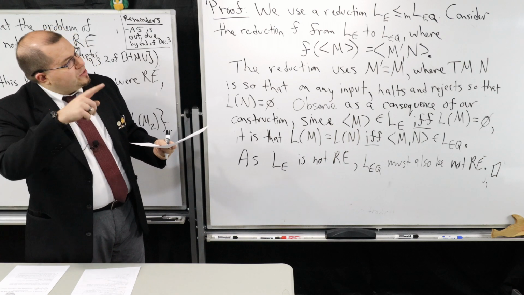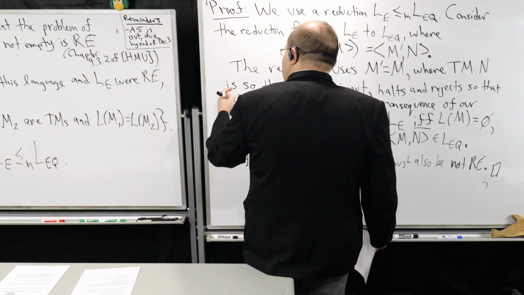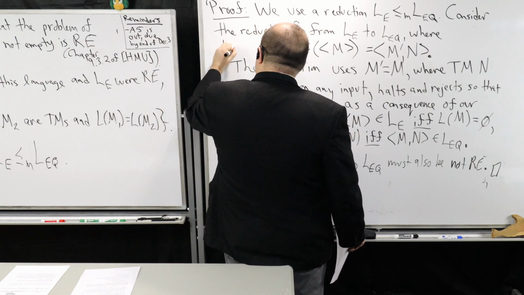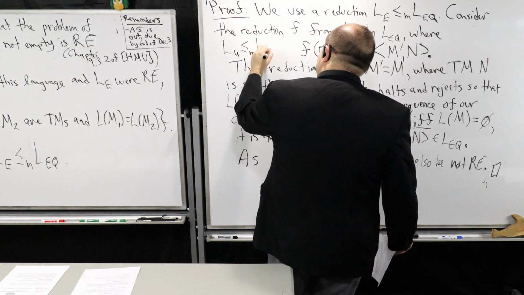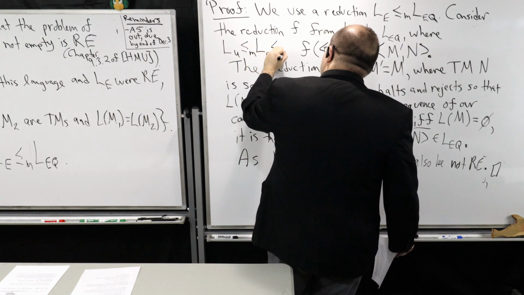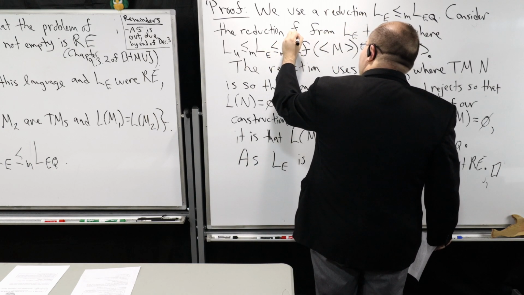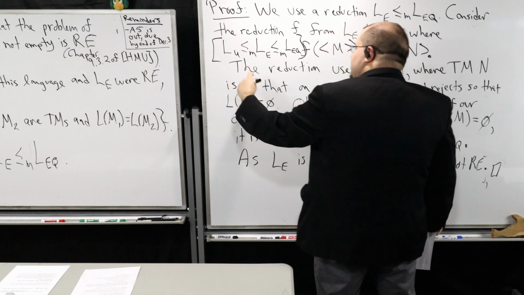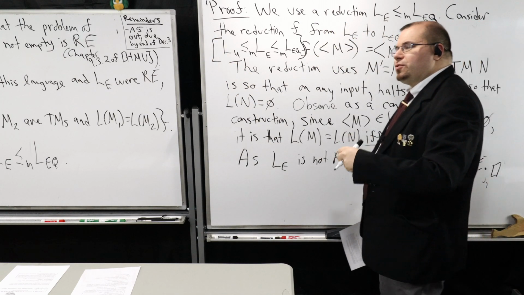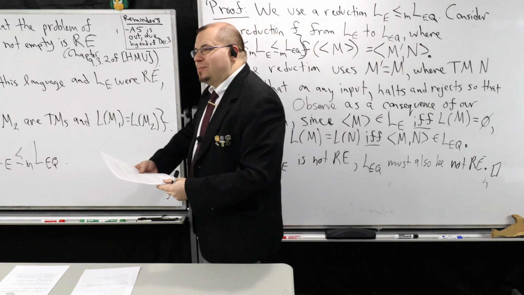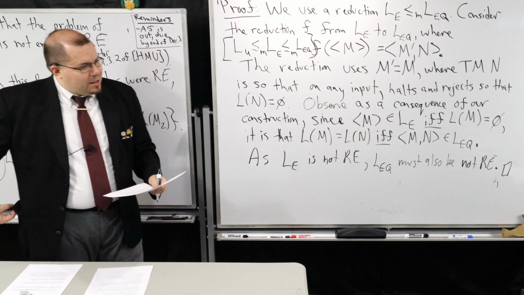So for example, when I considered LU, I had LU reduces to LE and it reduces to LEQ. Notice this is a whole chain of reductions happening here. So you can chain together a whole bunch of reductions to get to a much broader statement. So let me talk a little bit about that.